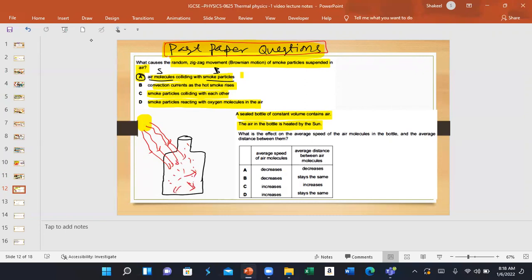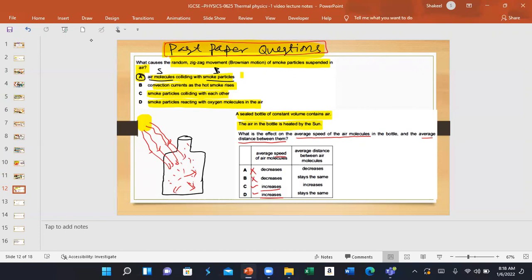What is the effect on the average speed of air molecules in the bottle and the average distance between them? When the air absorbs the heat, its speed is going to increase. So the average speed is going to increase. It cannot decrease. And the average separation, the average distance between the air particles?